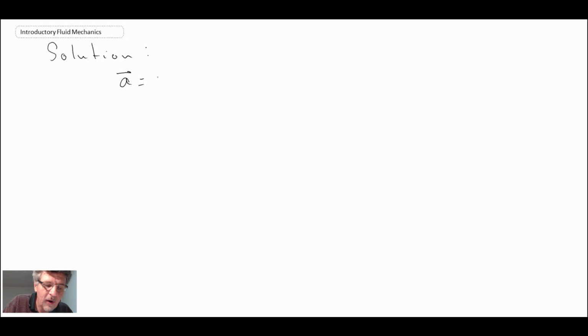If you recall, that was expressed in this format, and we used the large D to denote the substantial or material derivative. You have a local acceleration term, and then a convective acceleration term that we said you could express in terms of the gradient. I'm just going to expand that out now.